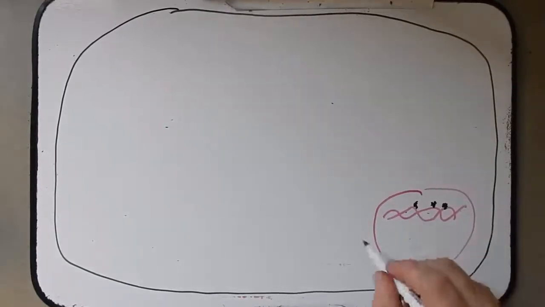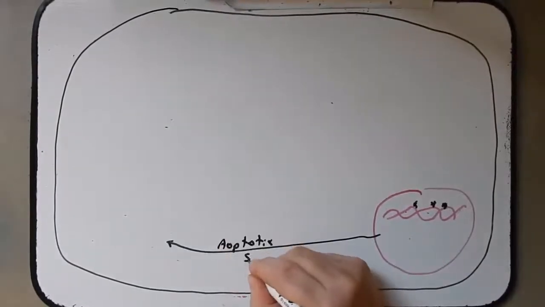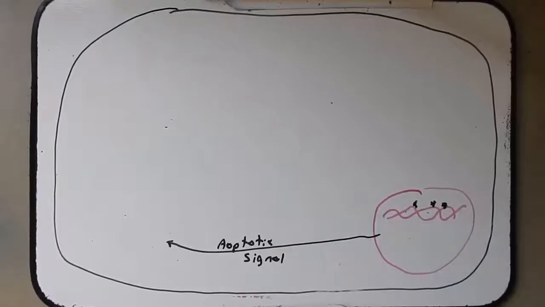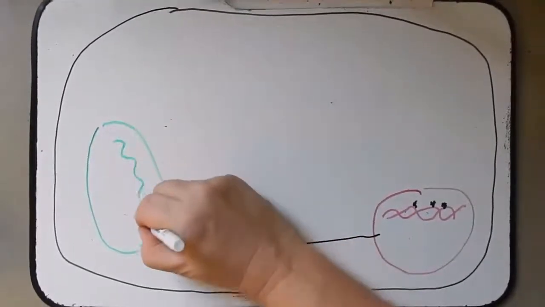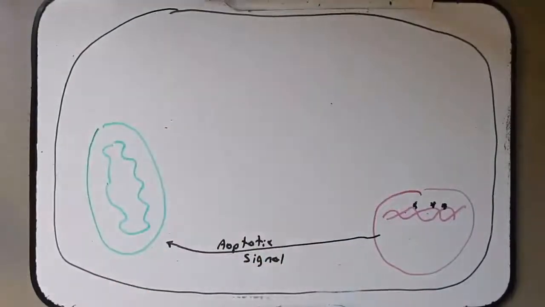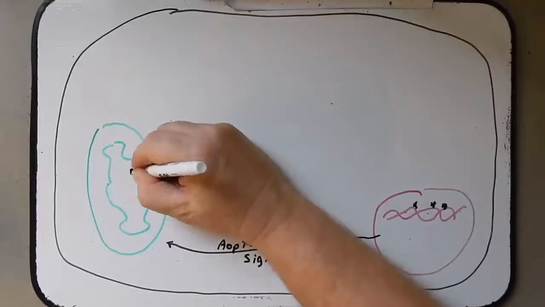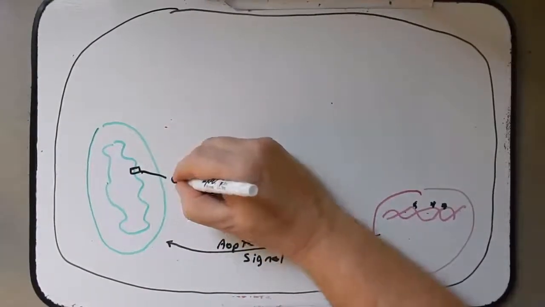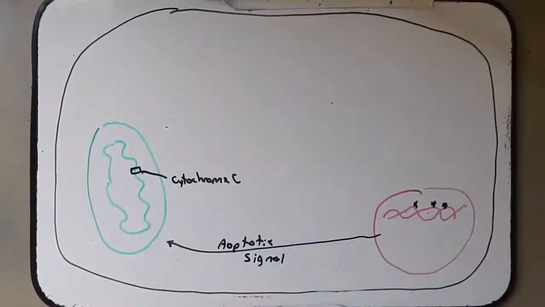Okay, so when the DNA is damaged beyond repair, this is an apoptotic signal and it's sent to the mitochondrion. And so here's our lovely mitochondrion with the inner membrane. And if you remember, on the inner membrane there were these protein complexes called cytochrome C. Usually cytochrome C stays in the mitochondrion. That's where we want it.